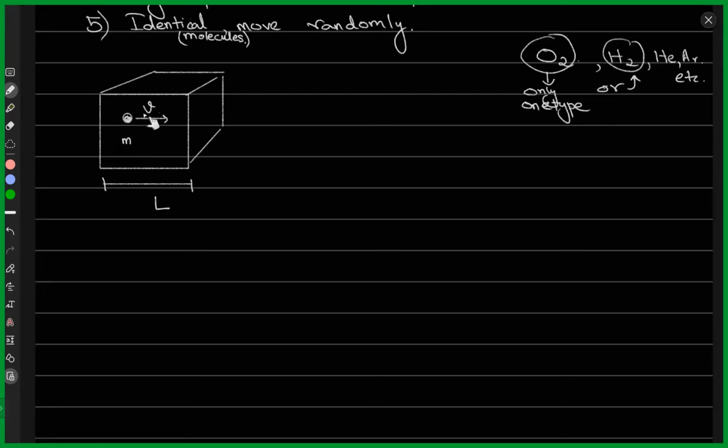Now, this molecule is moving in this direction. What would happen if this molecule hits this wall? It's going to hit it and then rebound backwards. That hitting is going to produce a change in momentum. And that change in momentum would be what? It would be P2 minus P1, obviously, which would be mv2 minus mv1.